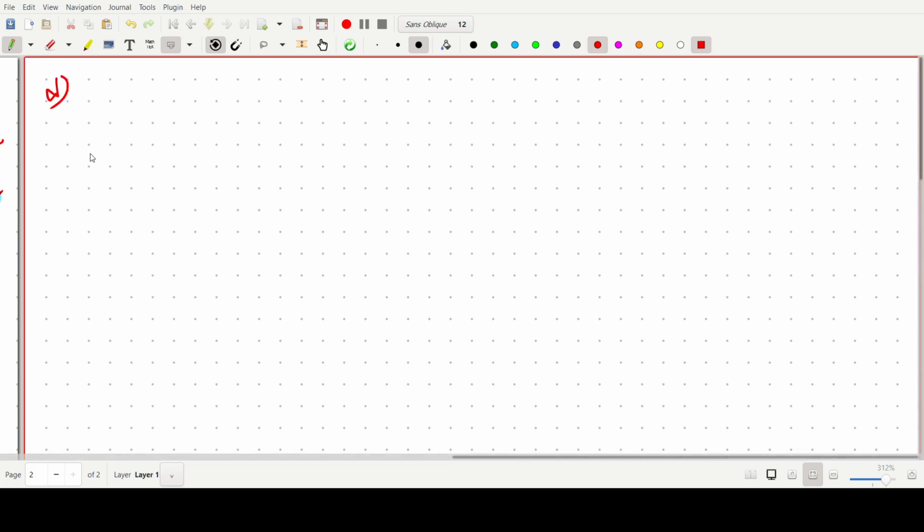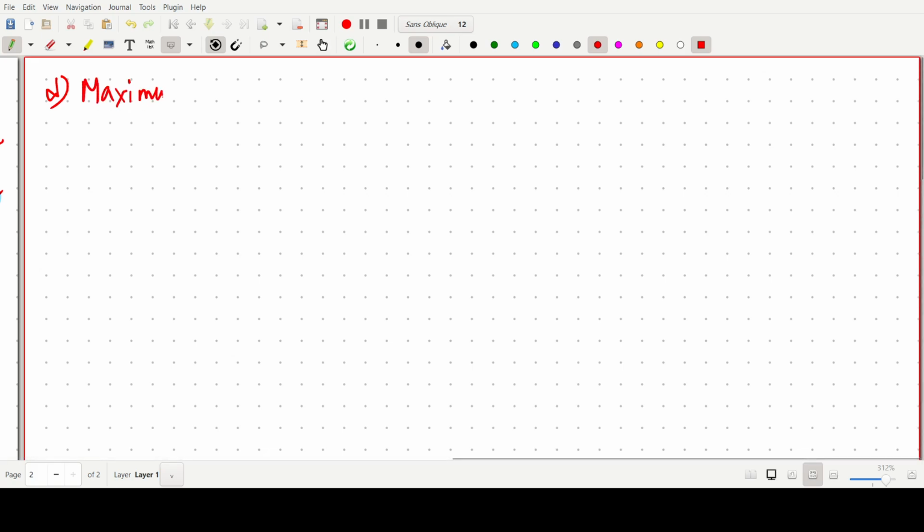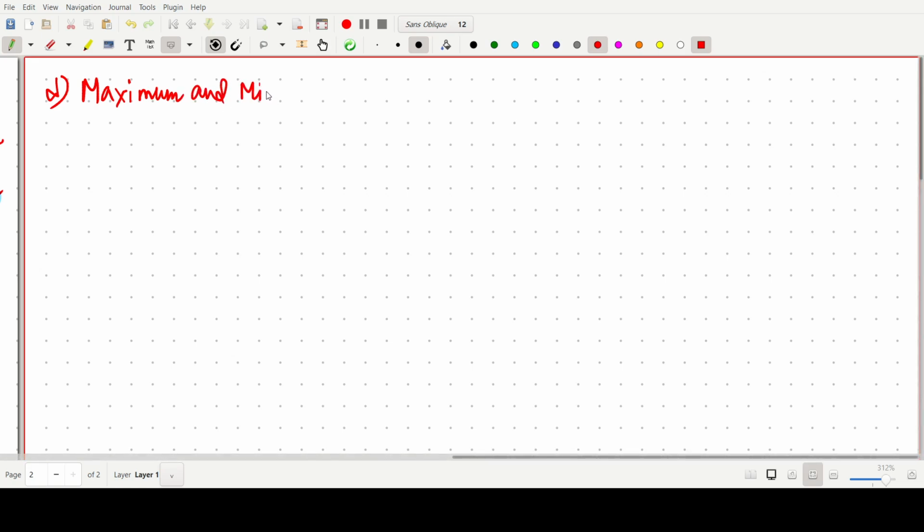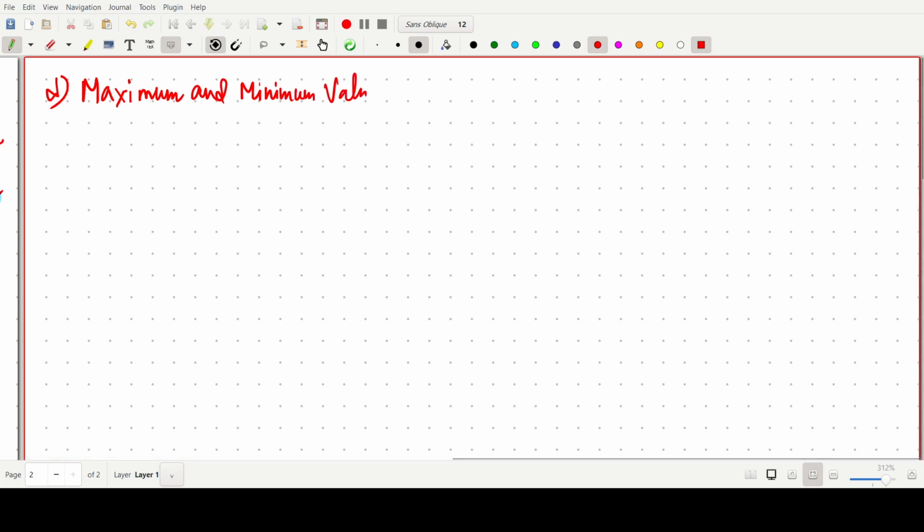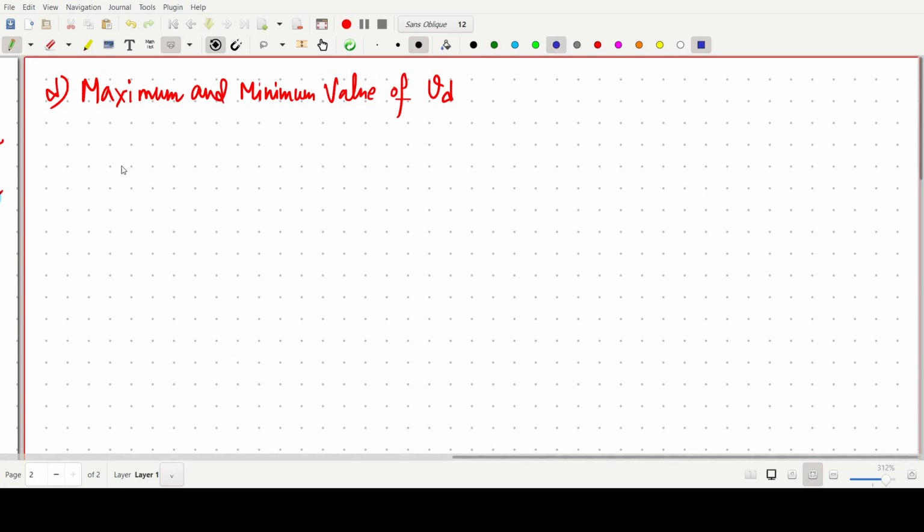In D1 we also have to find the maximum and minimum value of VD. Okay, so we have already found this VD.